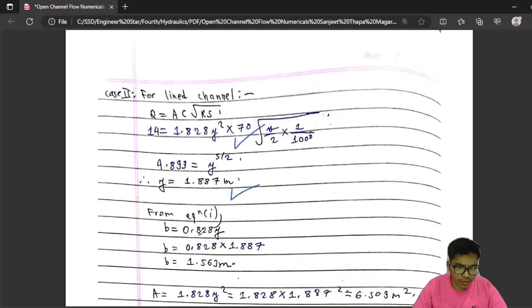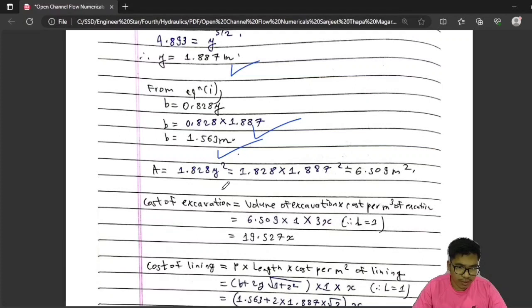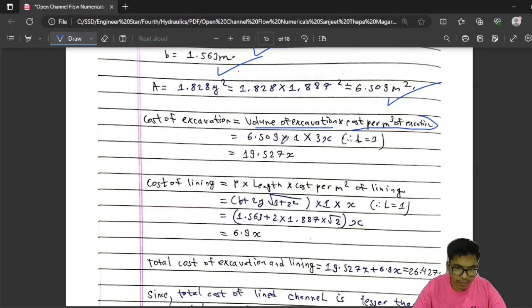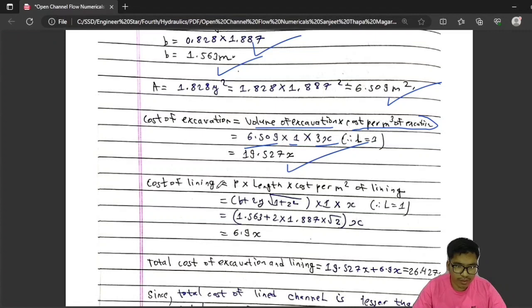From equation 1, B is 0.828y, y is 1.887, so B is 1.563, and by putting this value of y, 1.887, area is 6.509. Cost of excavation is volume times cost per meter cube of excavation, that is rate. This is area, this is length, which is volume, and this is 3x, the rate. So 19.527x is the cost of excavation.